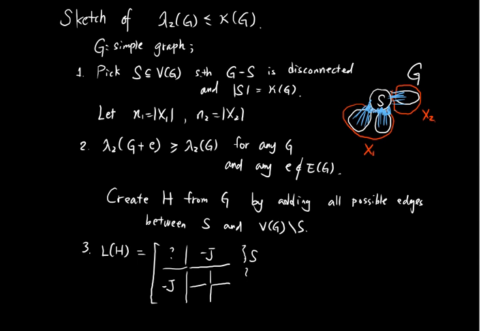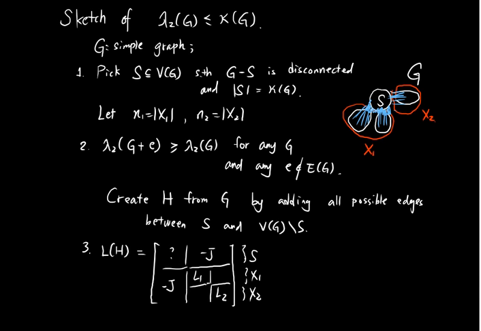This part is x1, this part is x2. Let me call these L1 and L2. Then we are almost there. So let's look at this matrix once more. This part is H. This part is S.